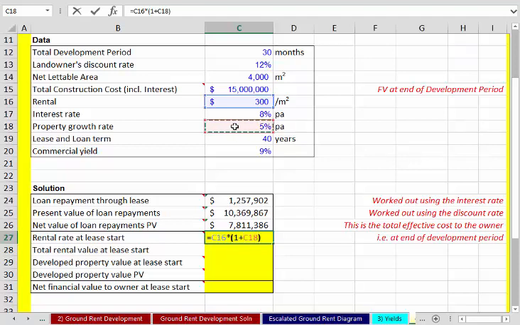Now you'll notice that in the last few calculations we've used 3 rates. We've used the interest rate, the landowner's discount rate, and now we're using the property growth rate, all using exactly the same mathematics, and really more or less over the same terms very often. What's going on here?